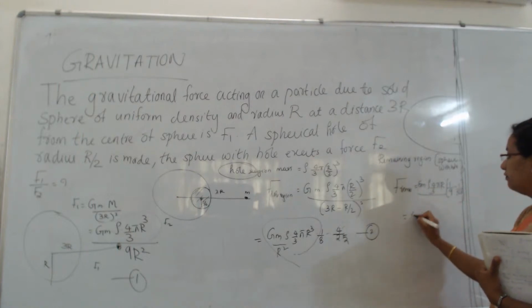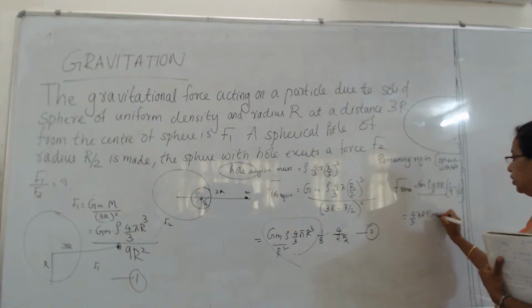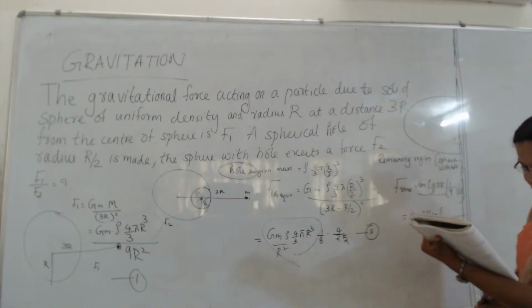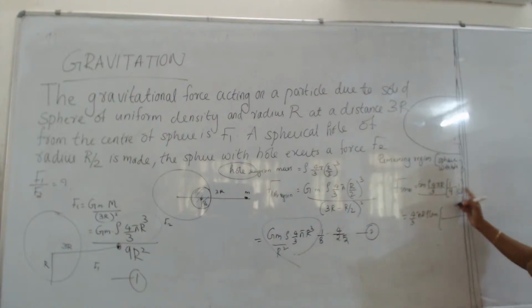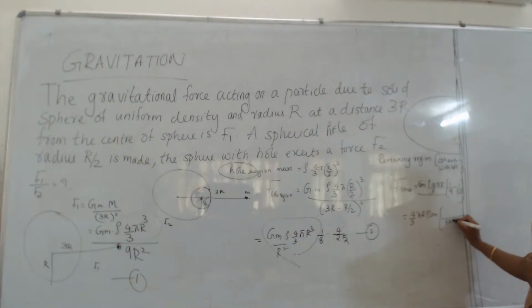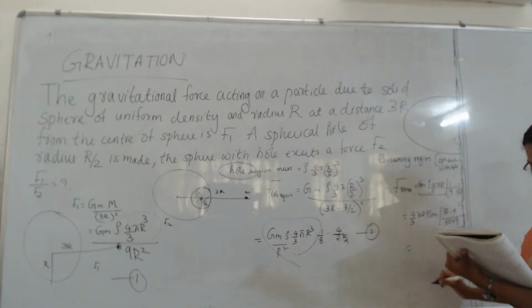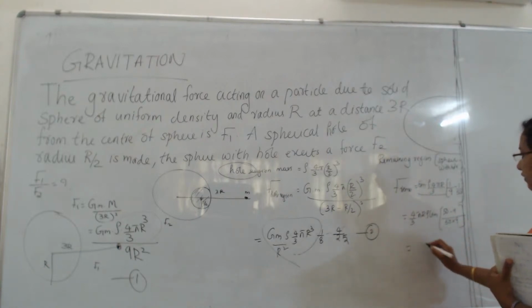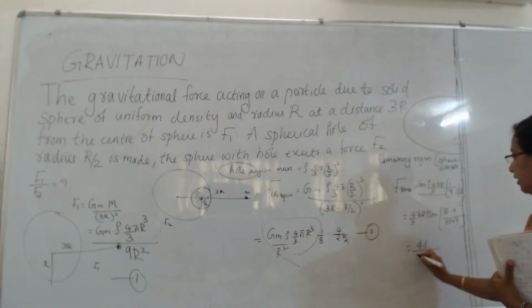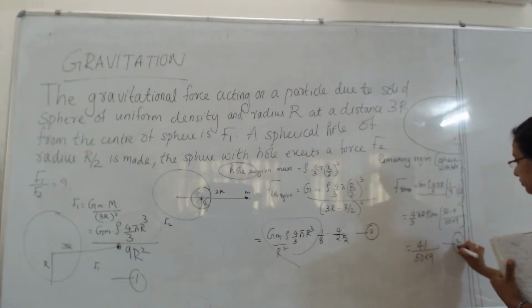So that is 4 by 3 pi r rho G m into, when you take the LCM, I can take it as 50 into 9, here 50 minus 9, that is 41. That is nothing but 41 by 50 into 9, equation number 3.